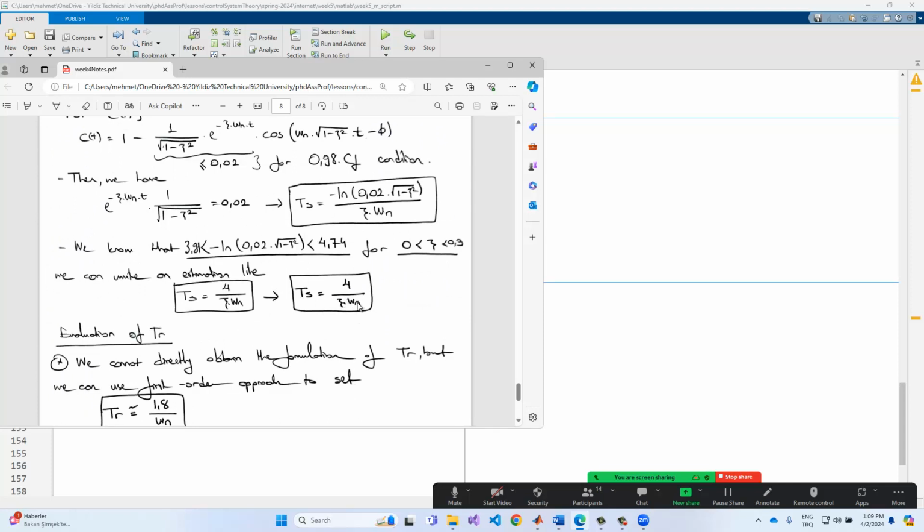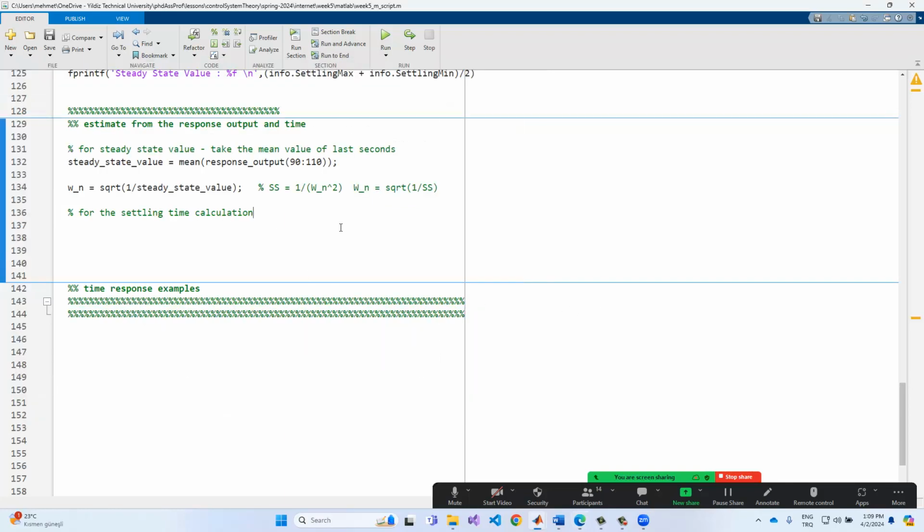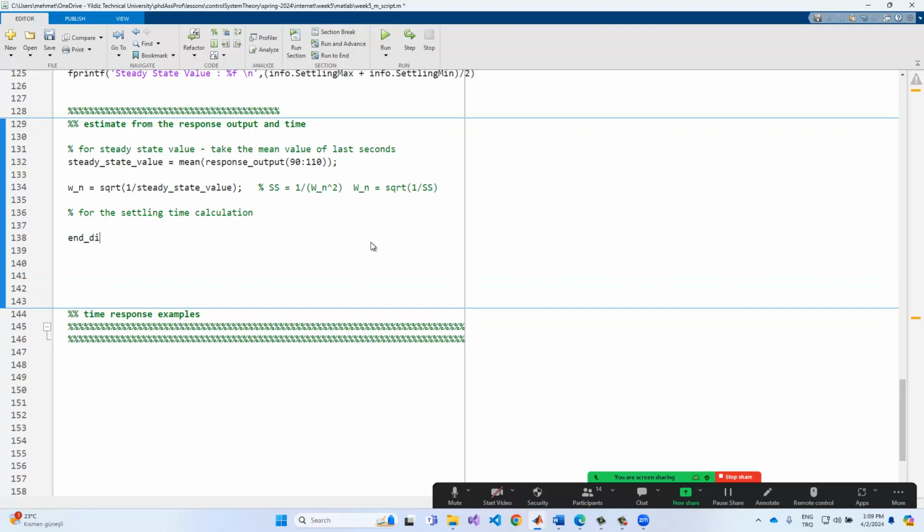We can use this formulation, but if you have data in your response, you can search for the 0.02 or 0.98 value, because we have the last steady state value of our system, and the last steady state value multiplied by 98% is equal to the settling time. And so we can assign the end in here, just like this one.